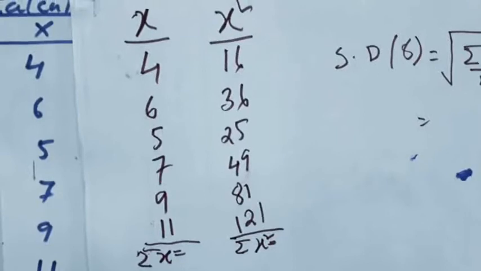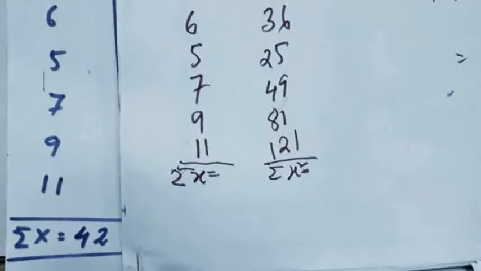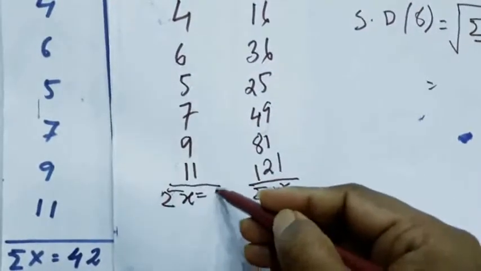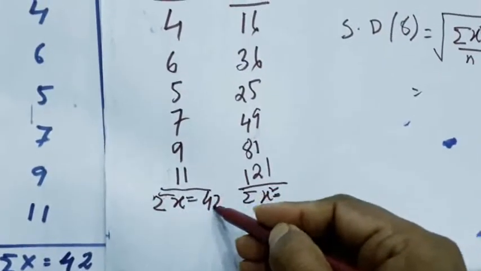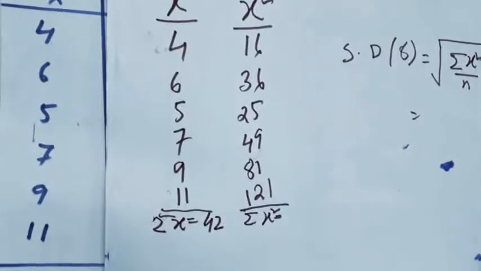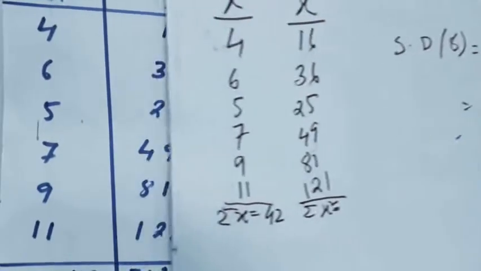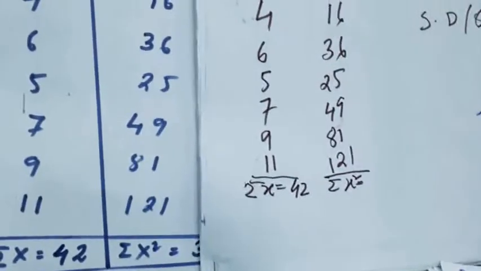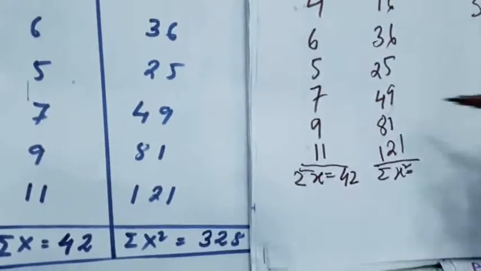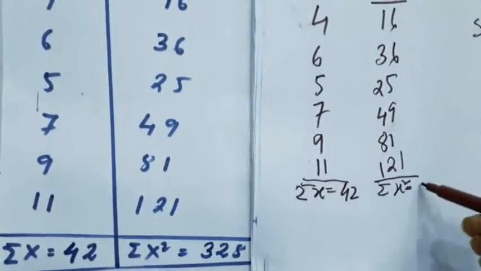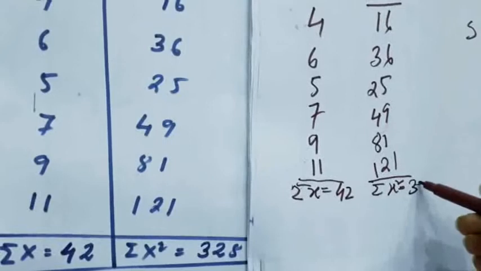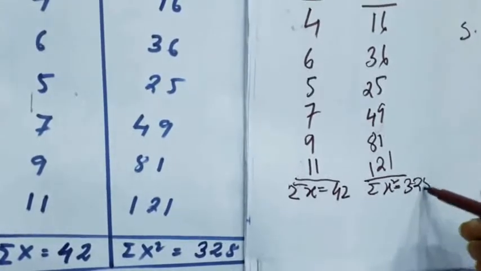Sum of x will be 42 and sum of x square will be 325.